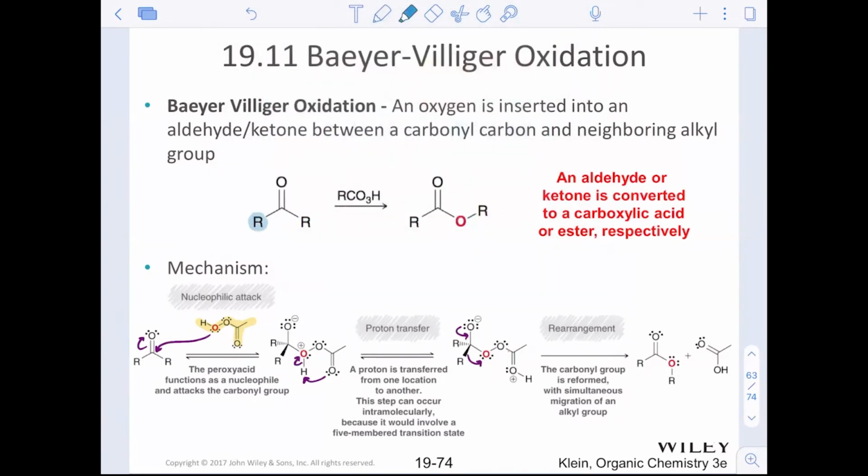It's one of these two, right, that get rearranged, and they will pop over to the peroxy acid oxygen, the one that's still highlighted red. That will cause the detachment of the rest of the peroxy acid, very similar to epoxidation way back from chapter 8. So now we have inserted an oxygen in between the carbon of the carbonyl and one of the neighboring groups.